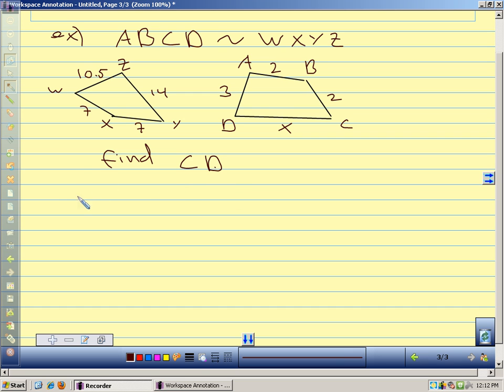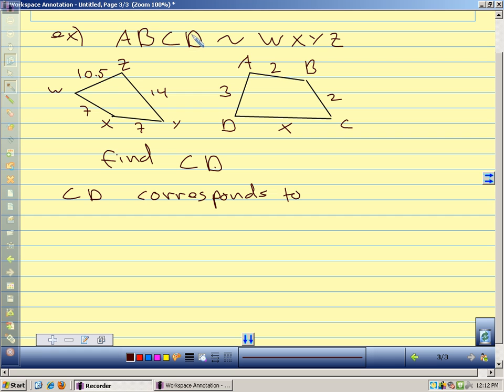So let's figure out which sides on this figure correspond. CD corresponds to, if it's hard to tell from the way the figure's drawn, we can always go to the similarity statement. And that tells us how they match up.